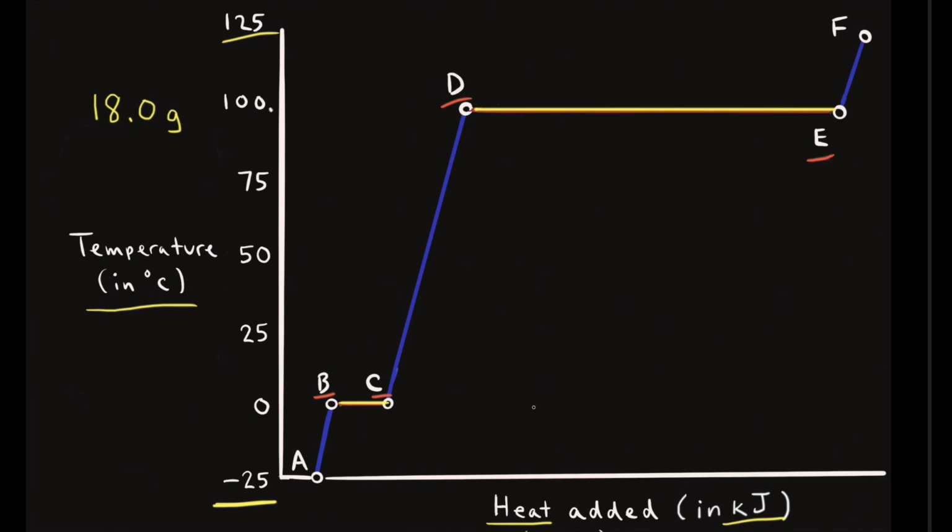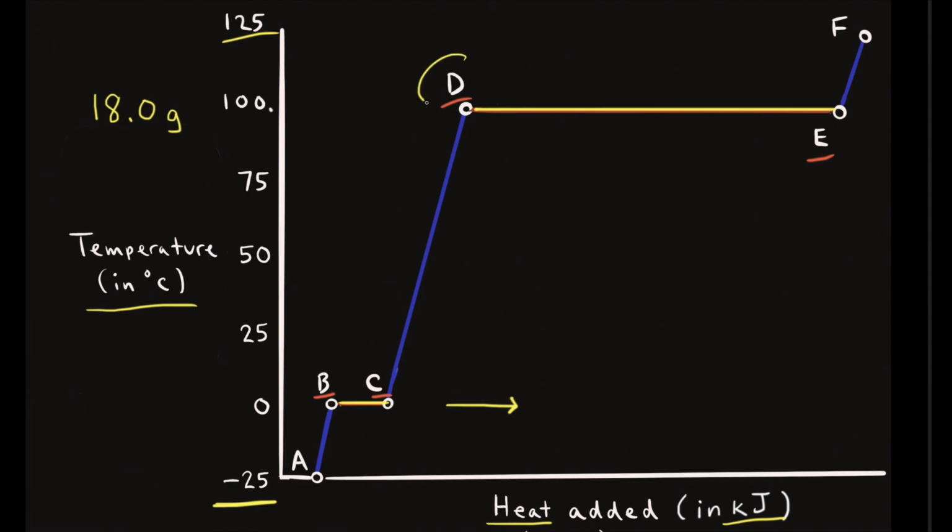And since the slope of both of these lines is 0, that means as you add heat on the x-axis, the temperature doesn't change. So during a phase change, all the energy goes into disrupting the intermolecular forces that are present, and they don't go into increasing the temperature. So there's no increase in temperature during a phase change.